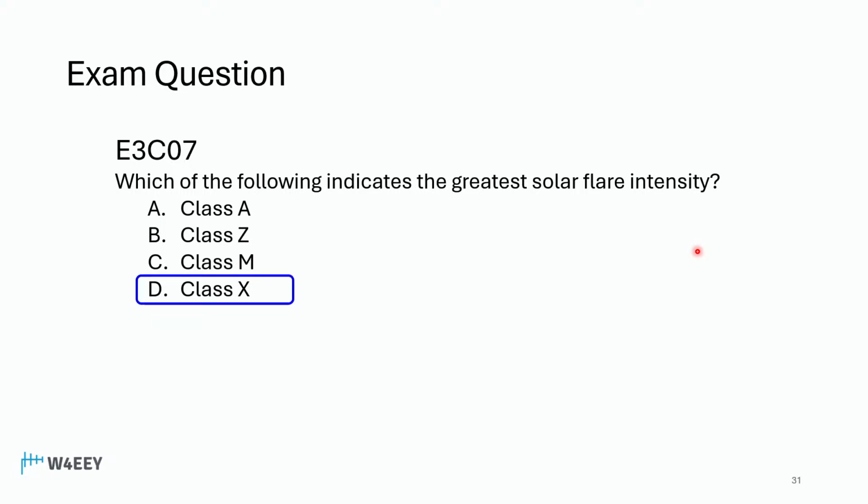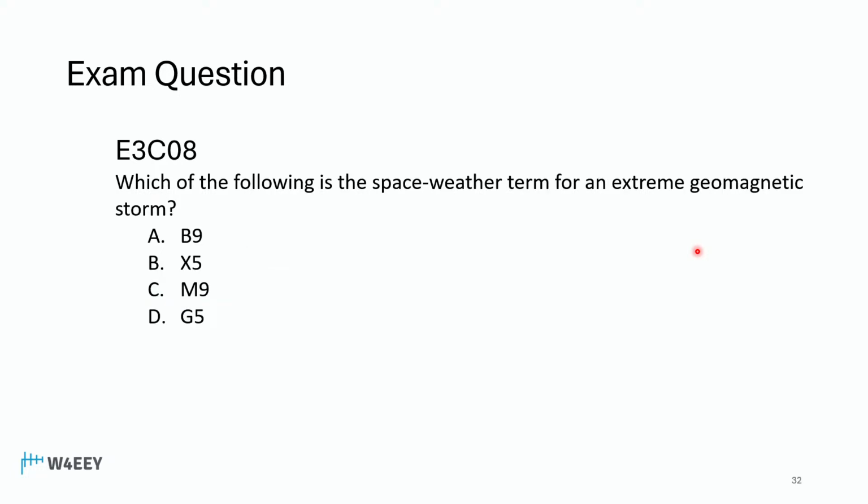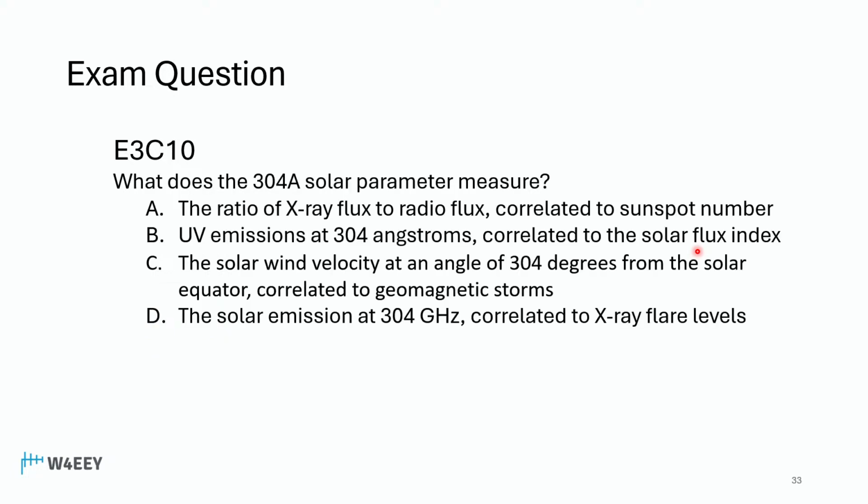Delta. That's X, exactly. It happens to be the highest letter in the answers. Which of the following is the space weather term for an extreme magnetic storm? Delta, yeah. Remember, G is the parameter that talks about geomagnetic storms, and 5 is the worst of the worst.